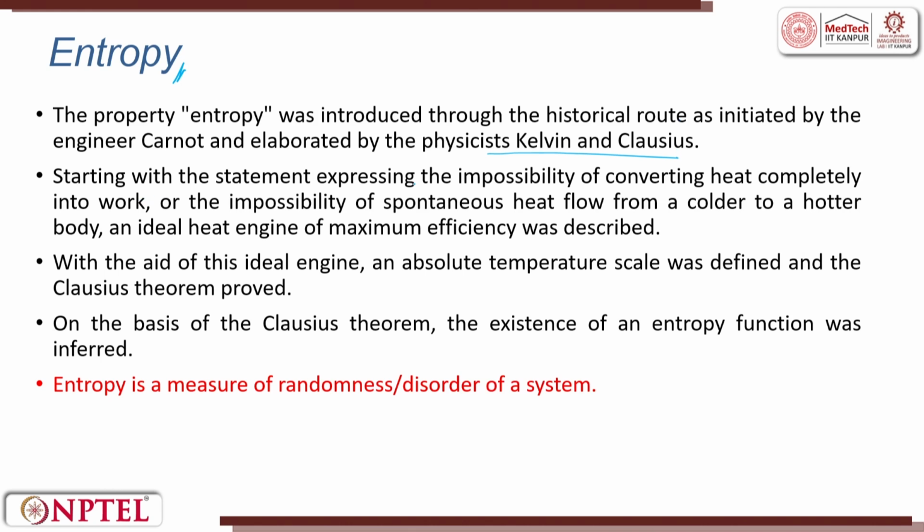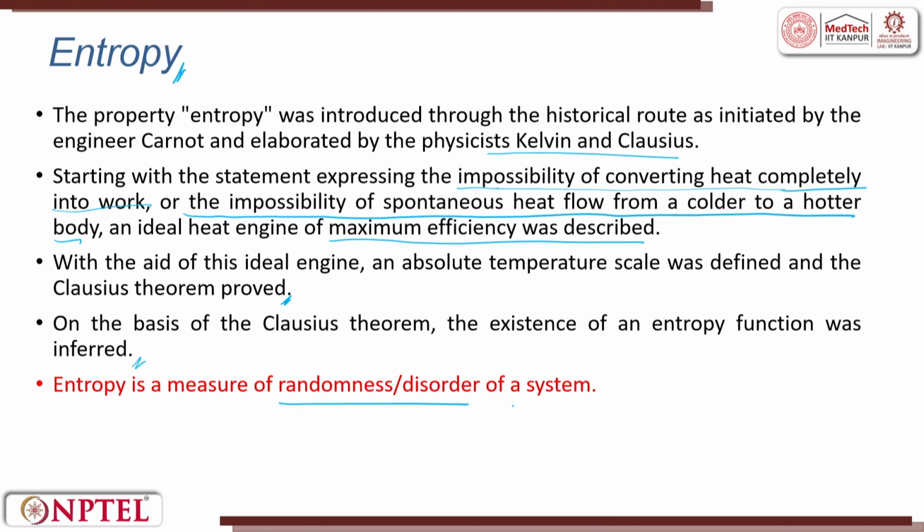Starting with the statements expressing the impossibility of converting heat completely into work, or the impossibility of spontaneous heat flow from a colder to a hotter body, an ideal heat engine of maximum efficiency was described. With the aid of this ideal engine, an absolute temperature scale was defined and Clausius theorem proved it. On the basis of Clausius theorem, the existence of the entropy function was inferred.